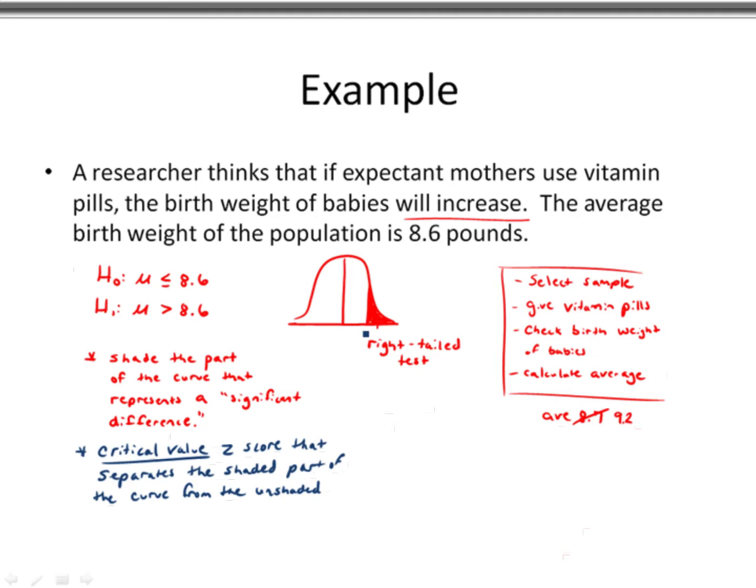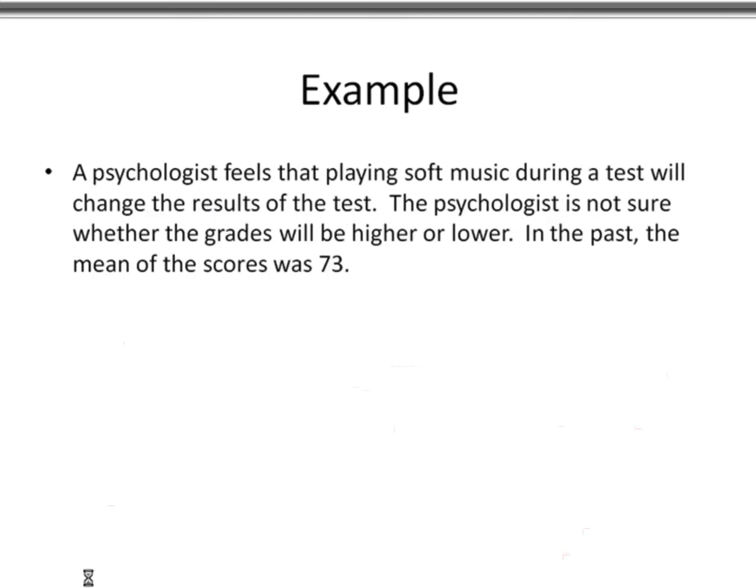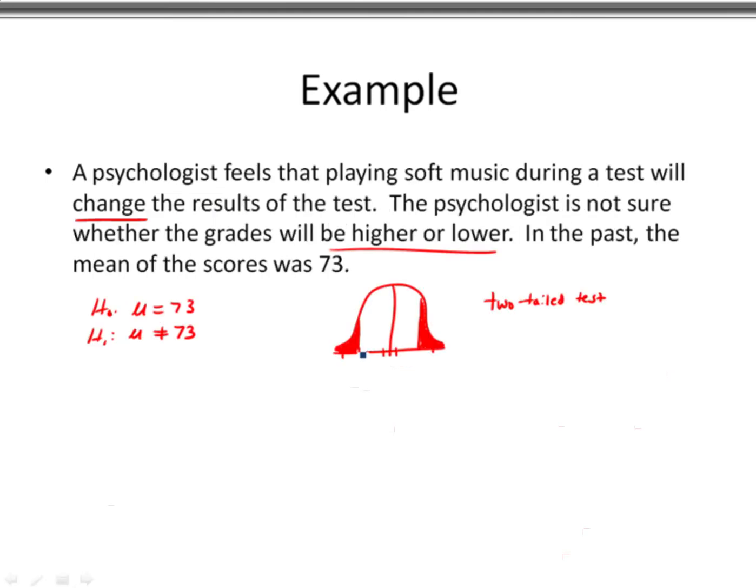So in other words, on our curve, our Z-score is this value right here. Or this value right here is a critical value. And these two values would be critical values for our third example.